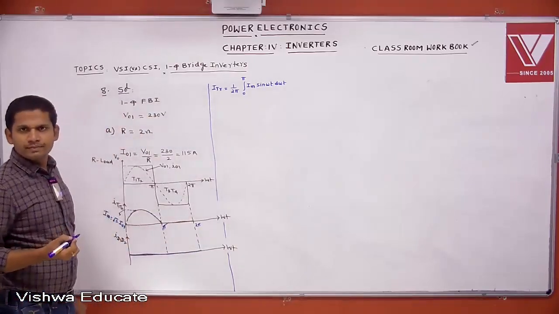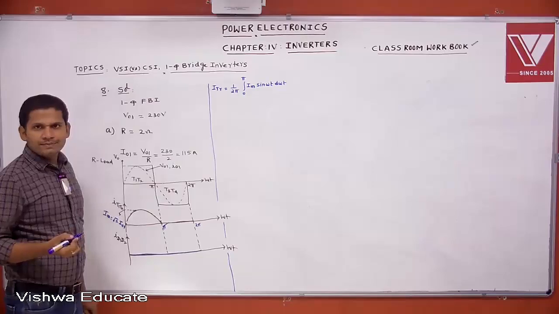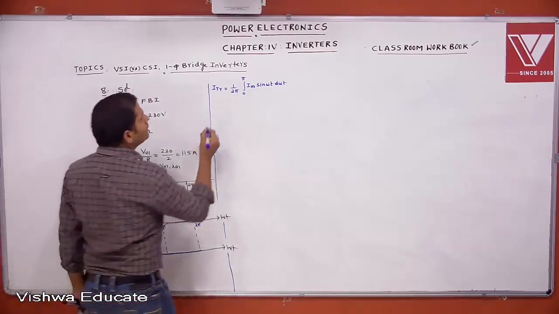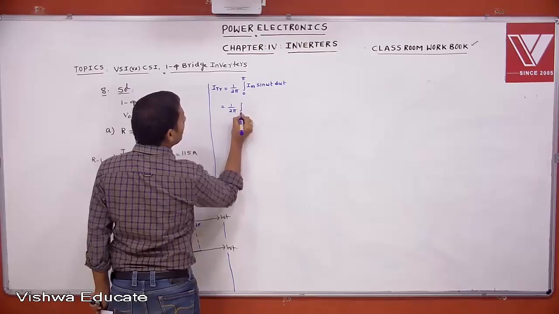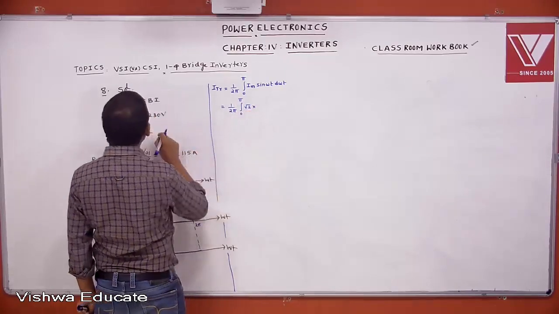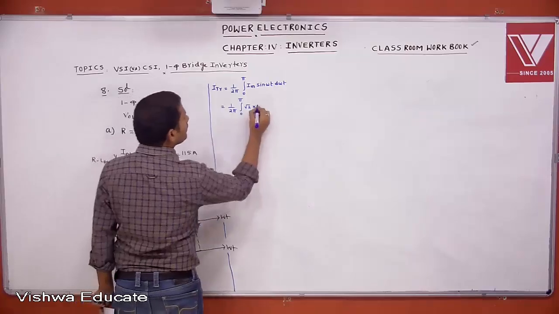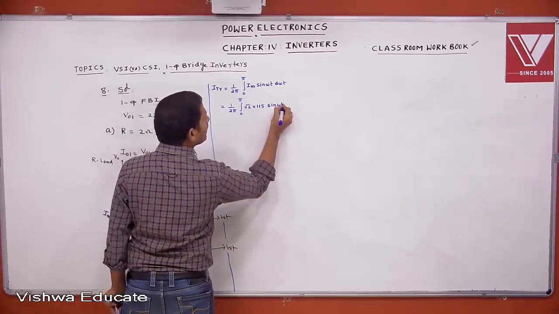Clear? Then 1 by 2 pi integral 0 to pi, what is Im? Root 2 into, what is I01? This 115, sin omega t d omega t.